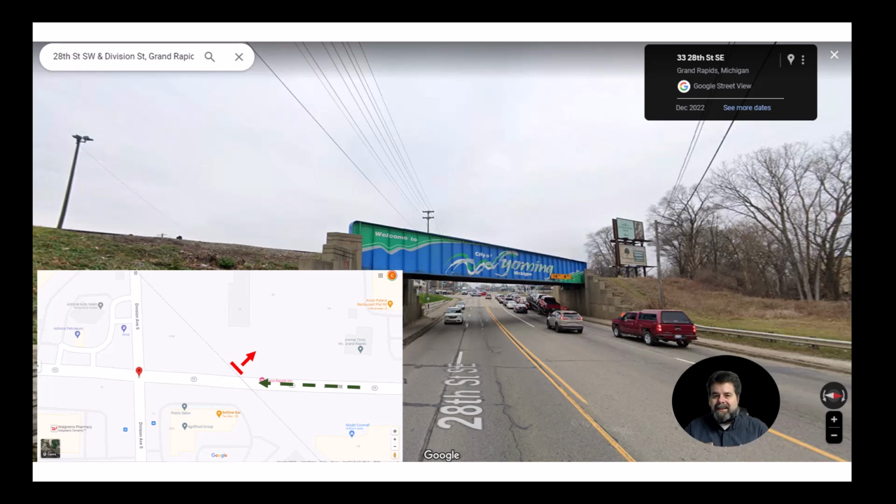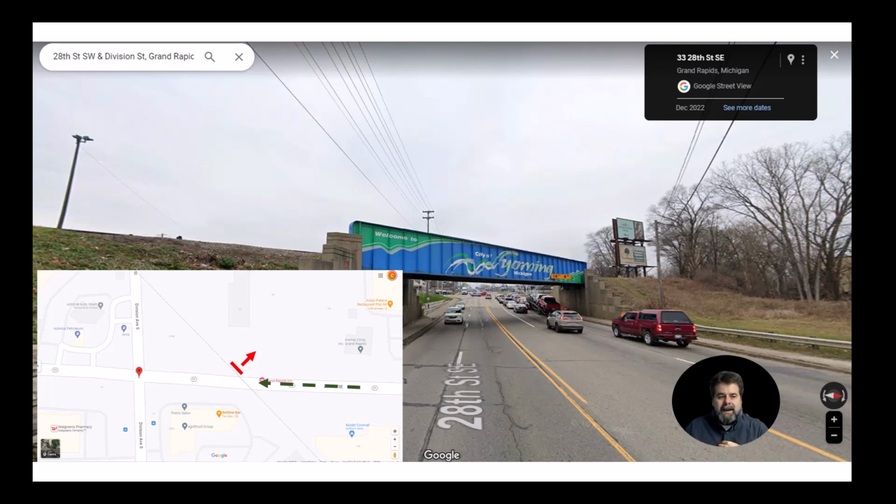This is one of my least favorite billboards in the region. This is in the Grand Rapids area, Wyoming to be specific. In fact, you can see the sign on the railroad bridge, "Welcome to Wyoming." And I want you to take a special look at the billboards to the right of the railroad bridge. And you may not see this very well, but what's happening is instead of the billboards being positioned and angled toward you coming in traffic, it's actually positioned away from you.